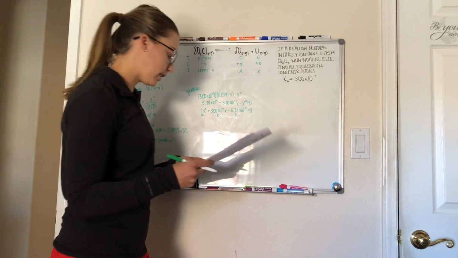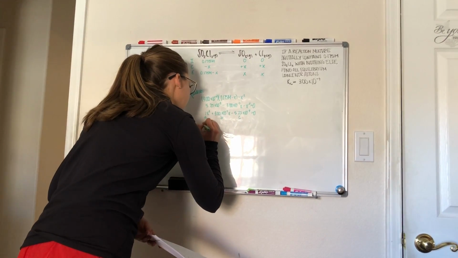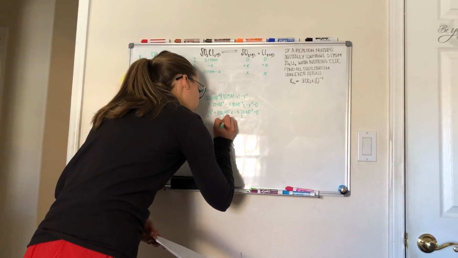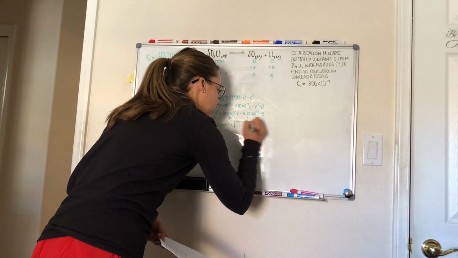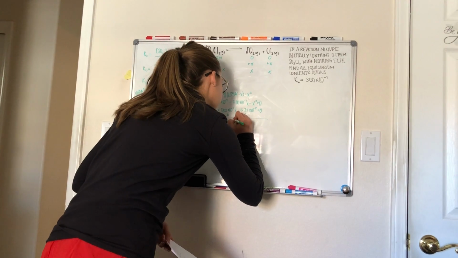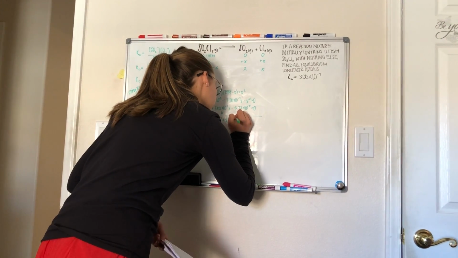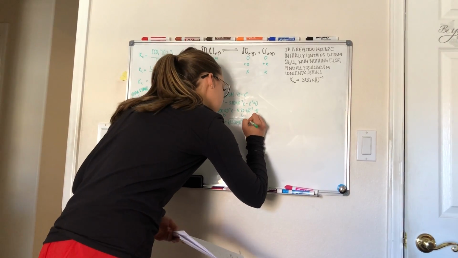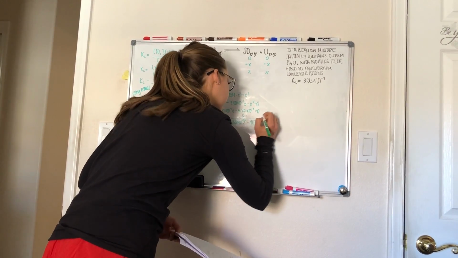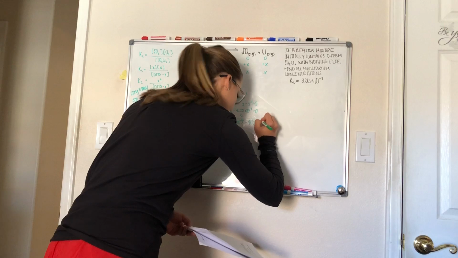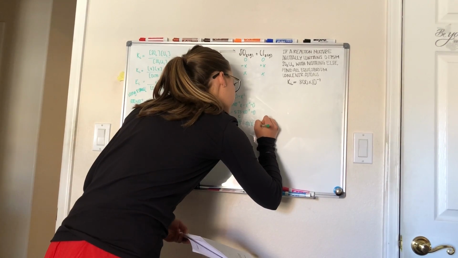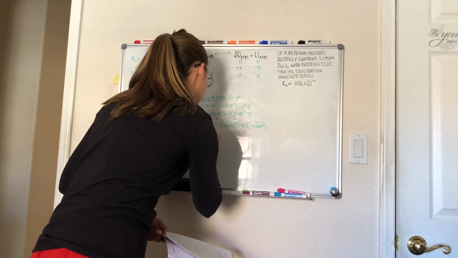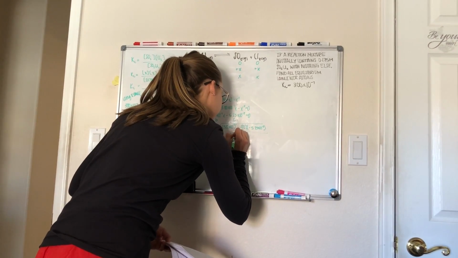And then if we plug that all into our quadratic equation, we get x equals opposite B plus or minus the square root of B squared minus 4AC, all over 2A.